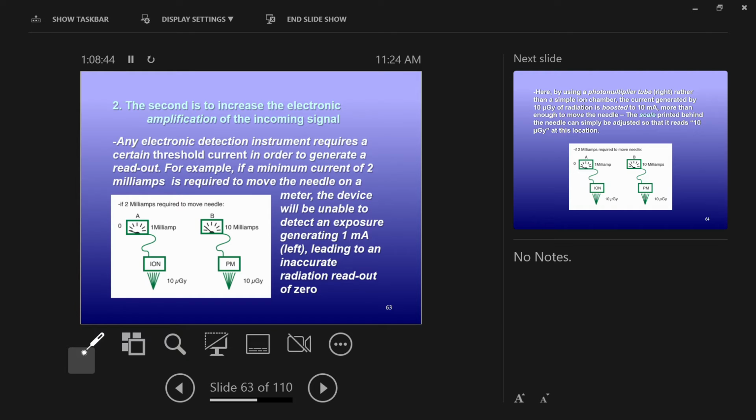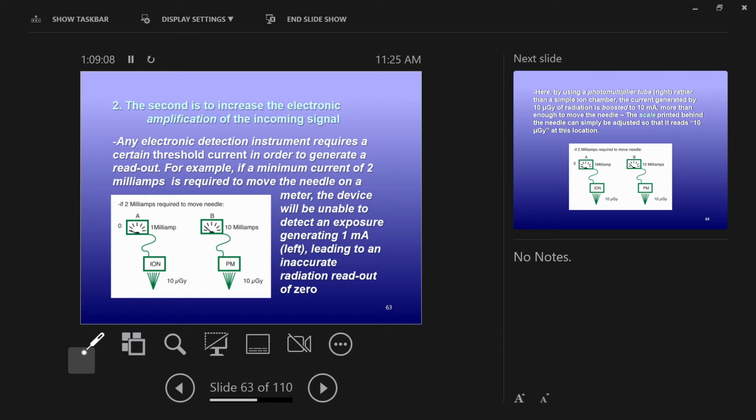That electric charge will generate a small amount of electric current in the device. In this case, they say you needed 2 milliamps of current to move the needle at all on your detector, to show that you measured something.